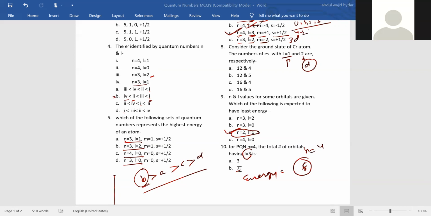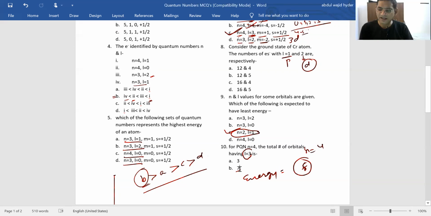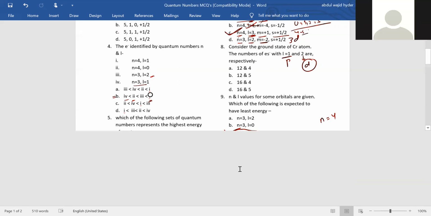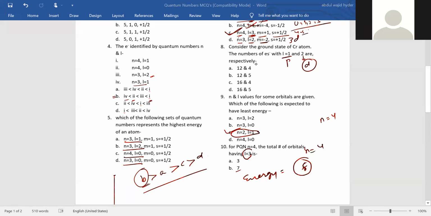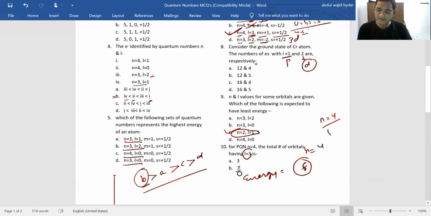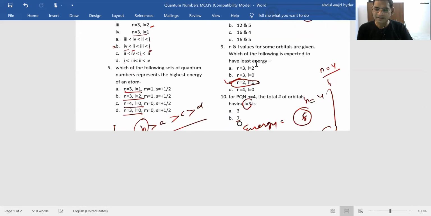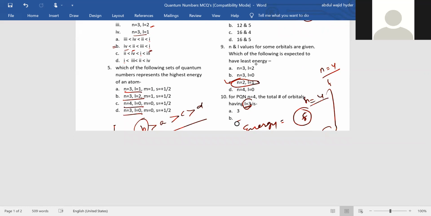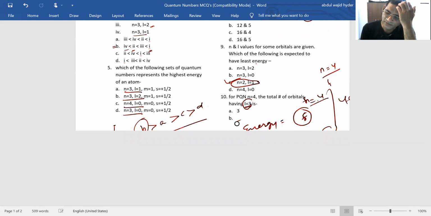Sir, can you explain this one? See, principal quantum number N is equal to 4. L is equal to 3 means F subshell. So we are in the 4th shell, so 4F.